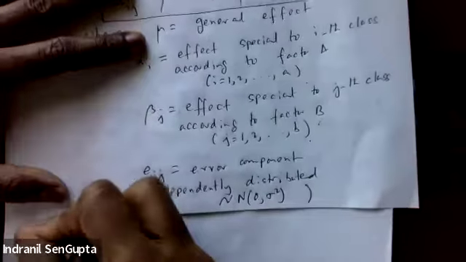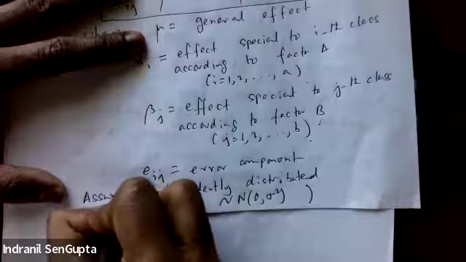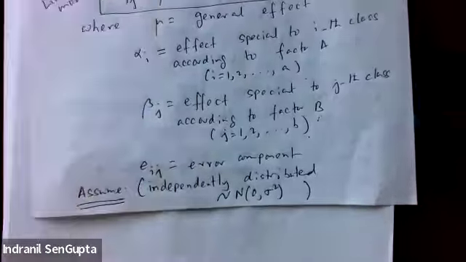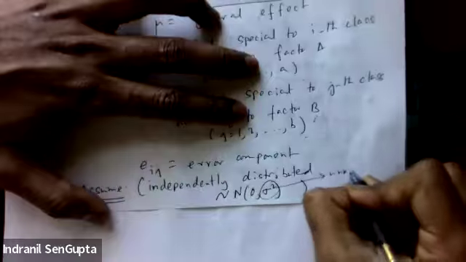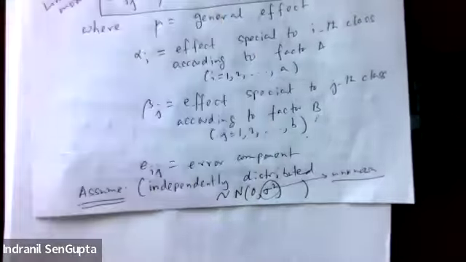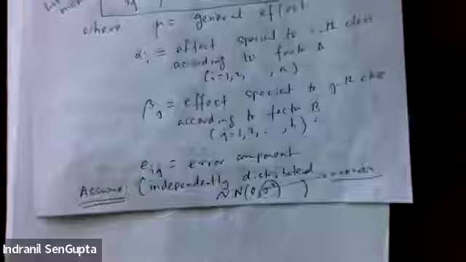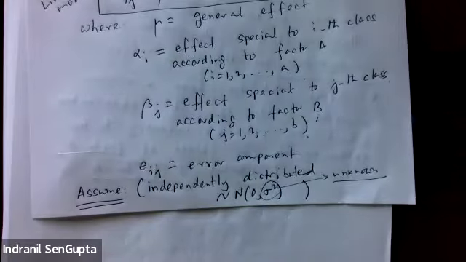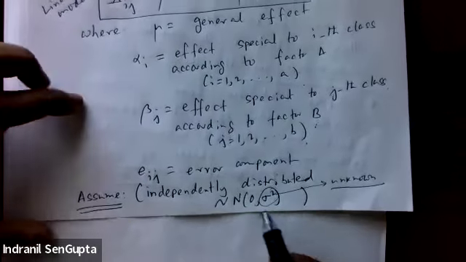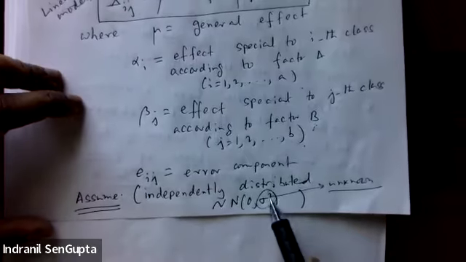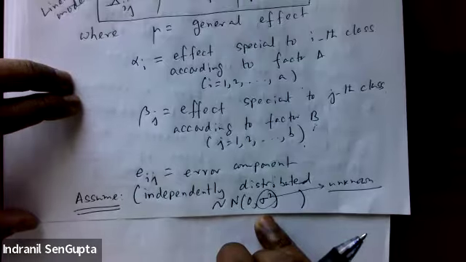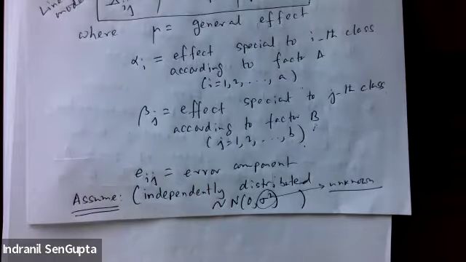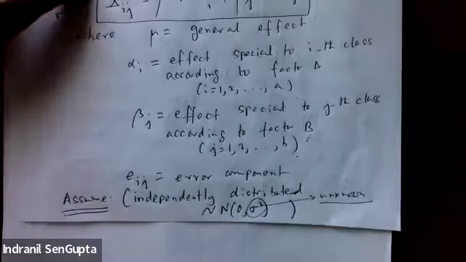Okay, assumption. And typically this sigma squared is unknown. All right, so we are assuming that the errors have the same variance sigma squared, but their mean is 0. Okay, that's the setup. Now with this, let's proceed.